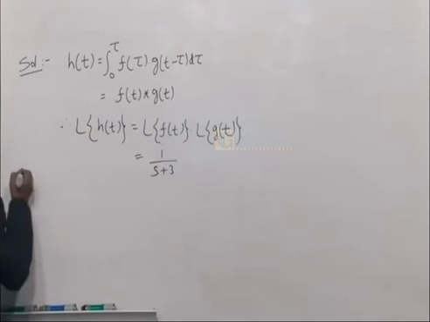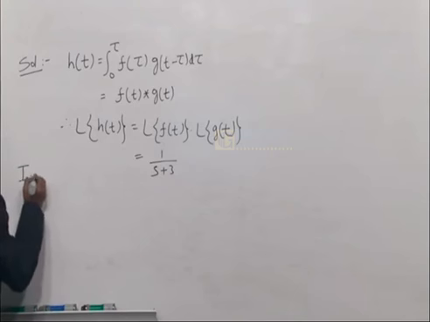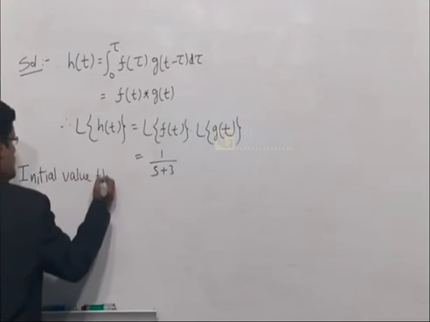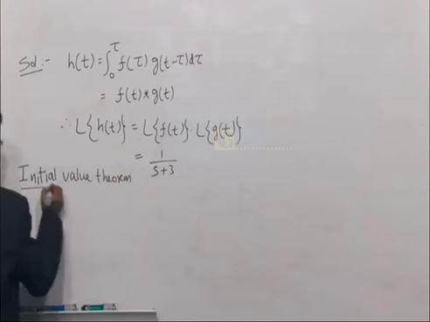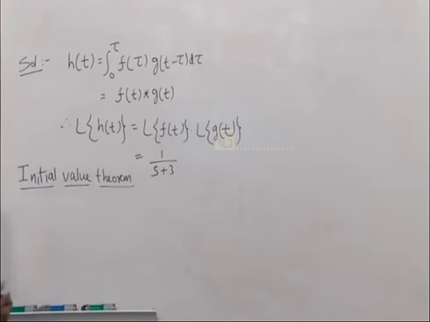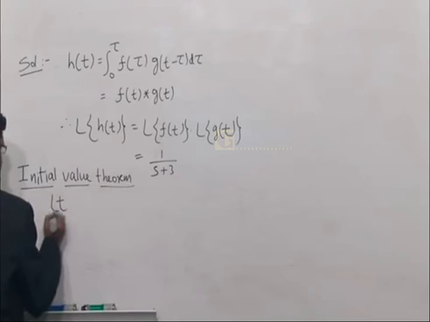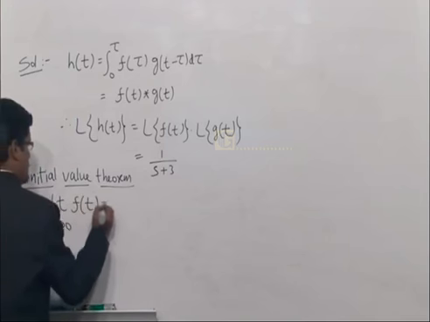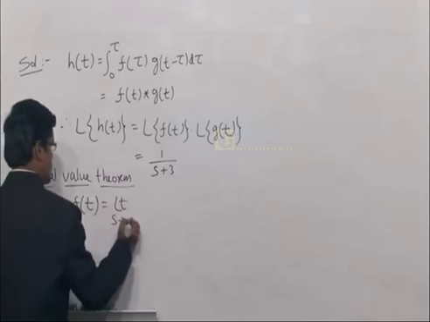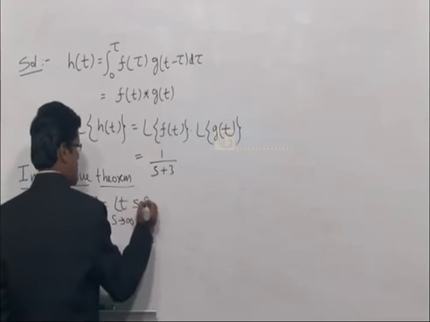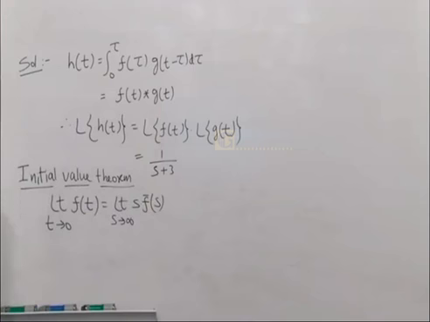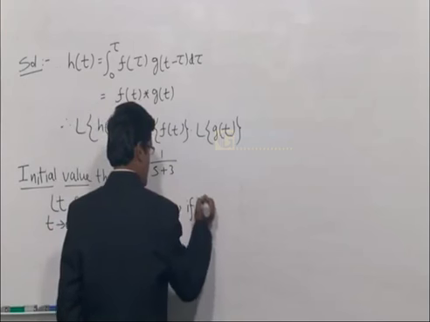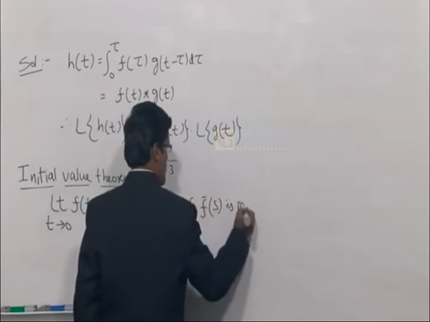Next, initial value theorem. Limit t tends to 0 of f of t is equal to limit s tends to infinity of s times f bar of s, if f bar s is proper.